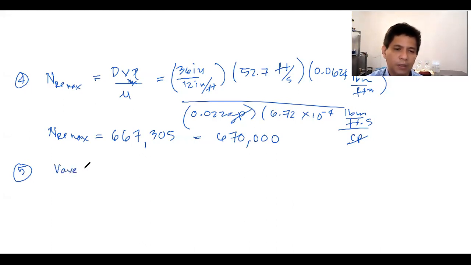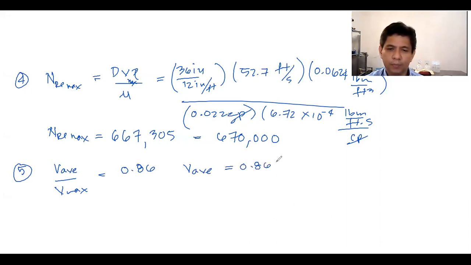The average velocity divided by Vmax is 0.86. We calculated Vmax as 52.7 feet per second, so the average velocity is approximately equal to 45.3.